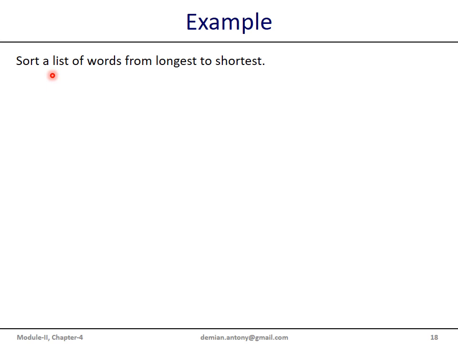And finally, we retrieve only the words present in the list of tuples and create one more third list, and we print the third list. Definitely that third list is the list of words in the descending order of the word length. Let us see the program.